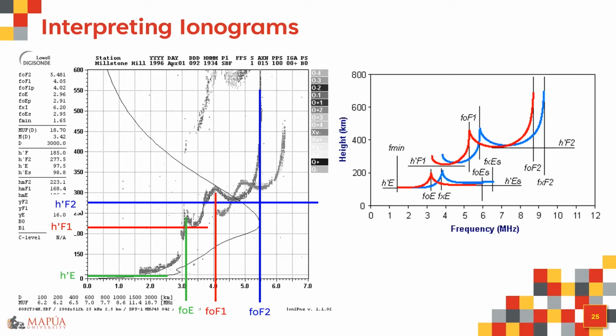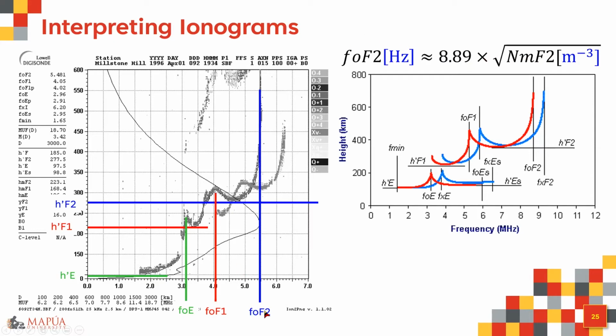As I mentioned earlier, the frequency of transmission is directly proportional to the amount of electron density or ionization. So a simple equation is used to convert the critical frequency at the F2 layer, foF2 in hertz, into the maximum electron density of the F2 layer. This is a very simple but very useful conversion equation.